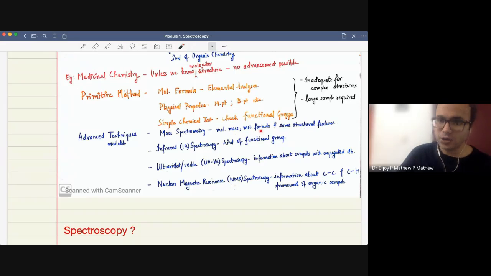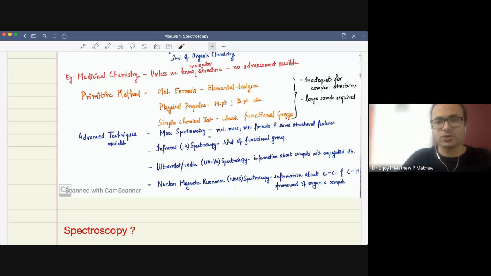Also, using this technique we can get a feeble idea, not the whole structure, but some idea about the structural framework that might be present in a particular organic compound.